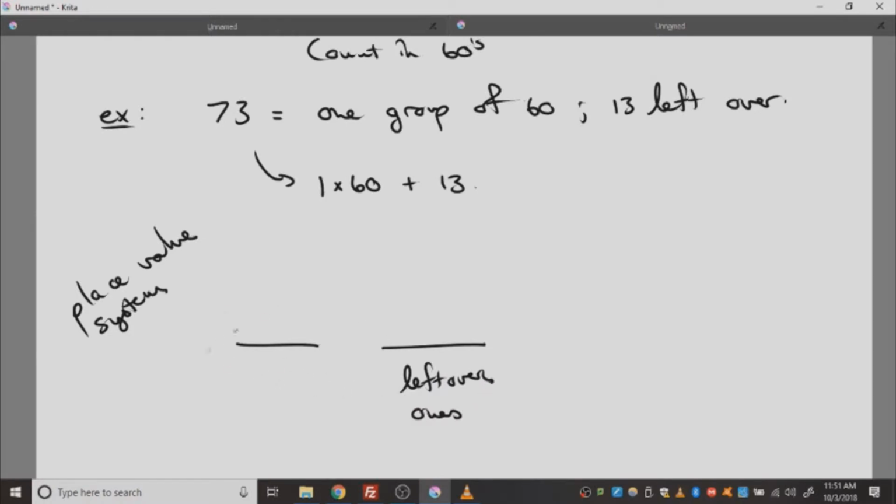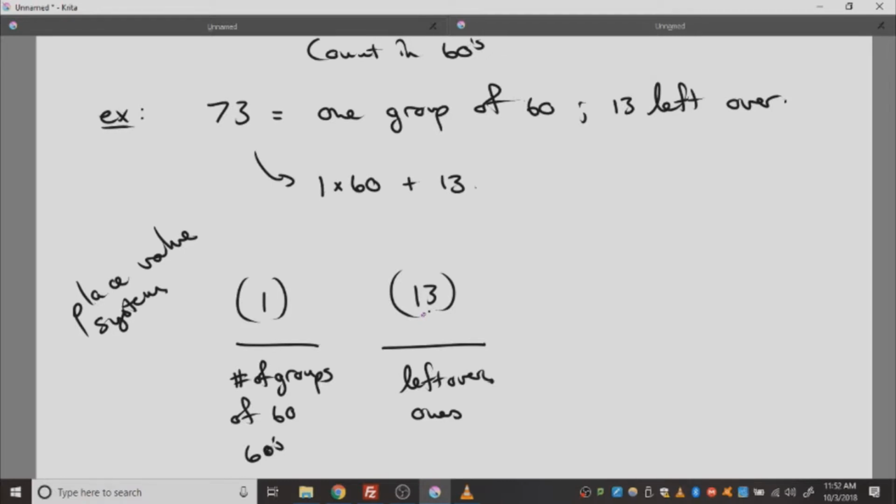The next one in, towards the left, is going to count the number of groups of 60, or the 60s. So let's write it in brackets first. There's going to be one group of 60 and 13 left over. So it's going to be a 2-place number counting 60s and leftovers.